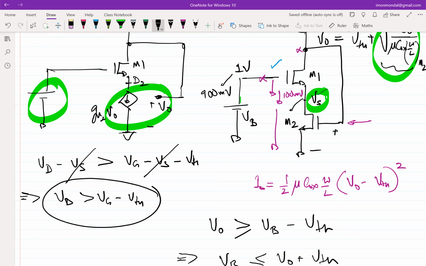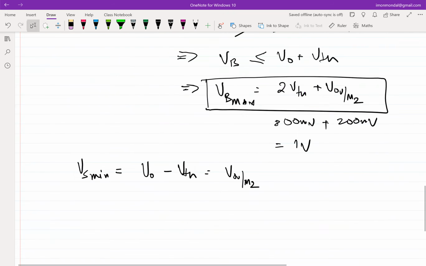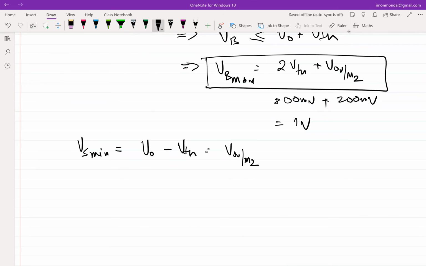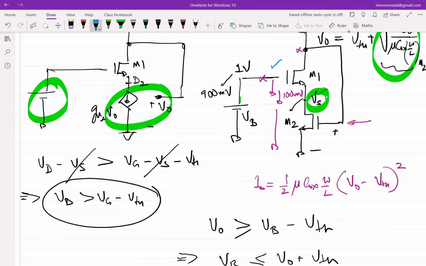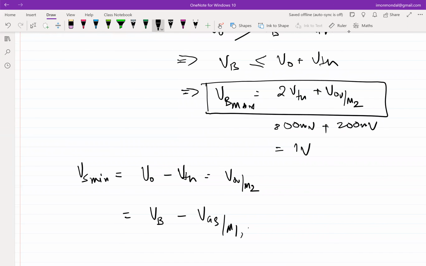So VS is essentially the gate voltage, which is VB in this case, minus the VGS of M1, the VGS for a current of I naught.